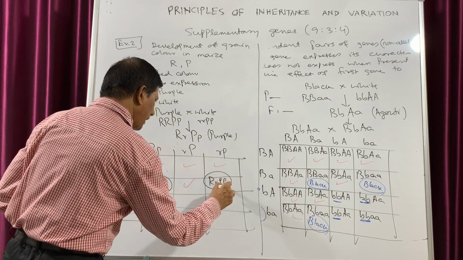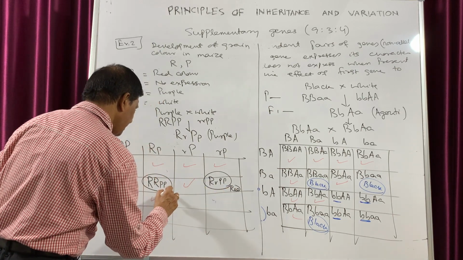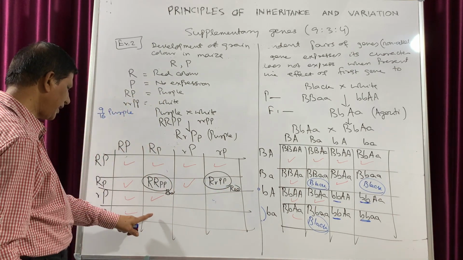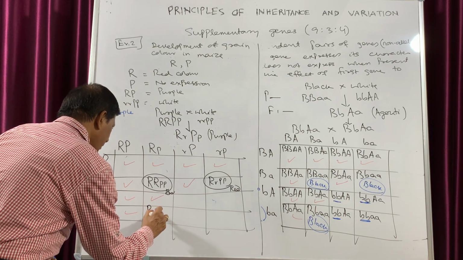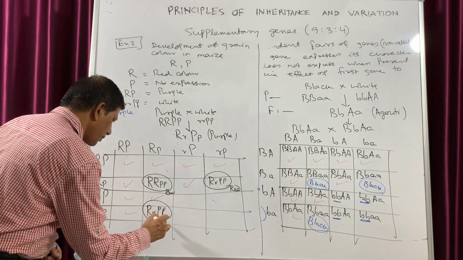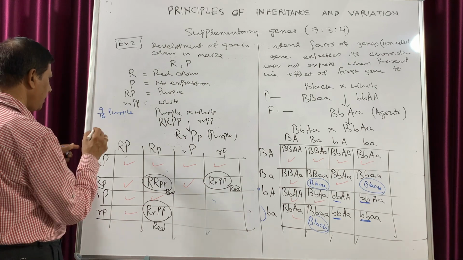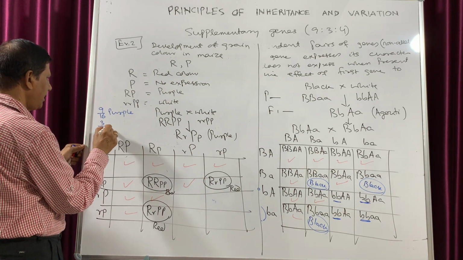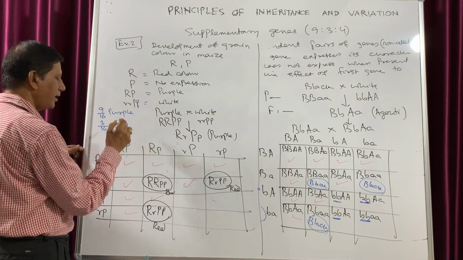So here capital R is there, and this will also be red in color. And here you see, this will be capital R, small r, and small p, small p. And here capital R is there, so this will also be red in color. That means this 3 by 16 will be red in color.